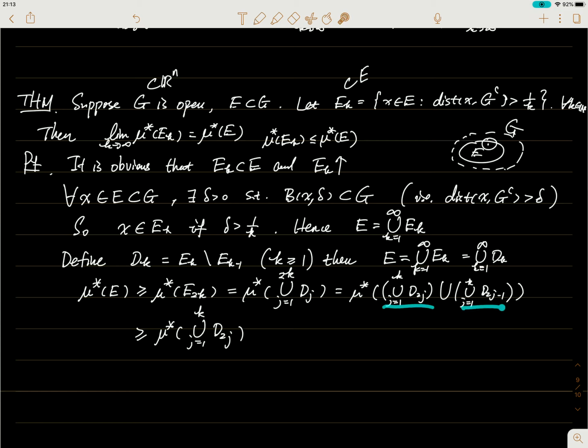But this is the union of the two, so according to the property of the outer measures, it must be bigger than or equal to the outer measure of just a subset of that. Okay, so now I'm going to claim that this is equal to the sum of this D_{2j} for j from 1 to k.